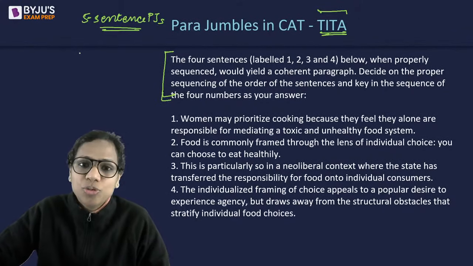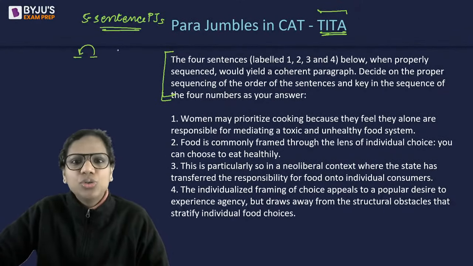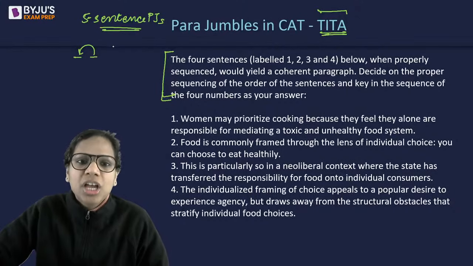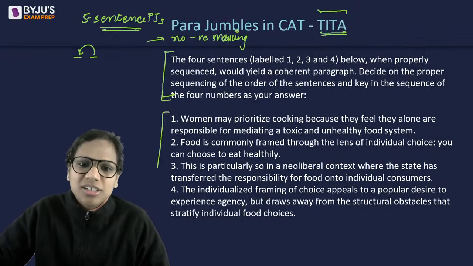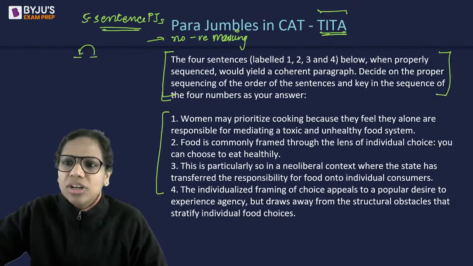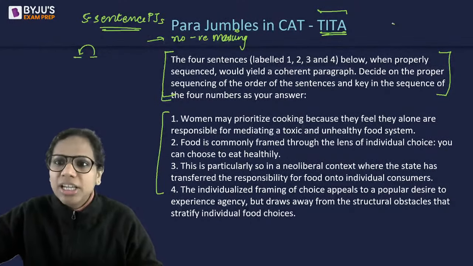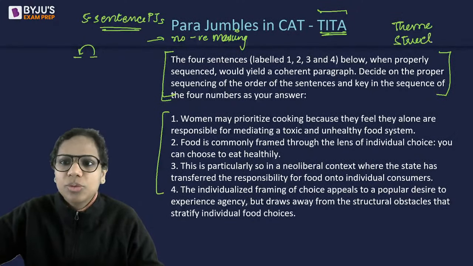And without any options, even if you place one pair incorrectly, you've got an incorrect answer there. To compensate, there was no negative marking, but it was still a time consuming affair. So probably they also realized it, and then in the subsequent years they reduced it to 4 sentences. So now the job is relatively easier, but again you have to pay a lot of attention to theme and structure also along with grammar.